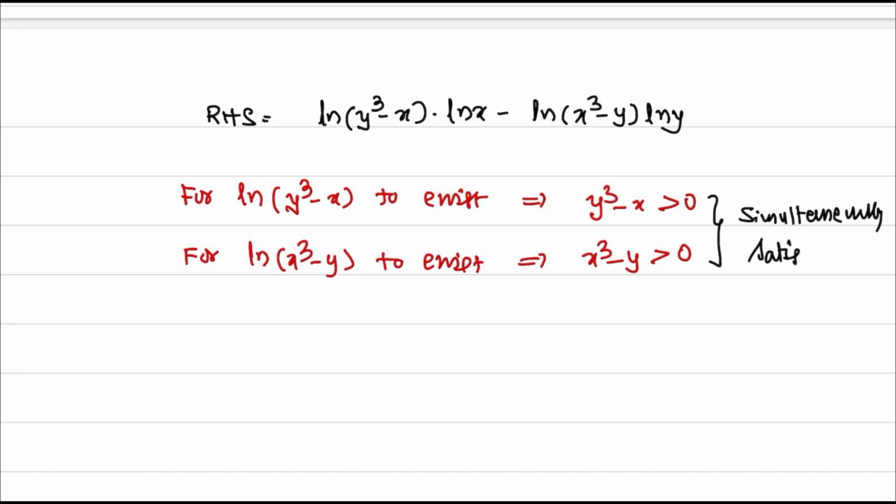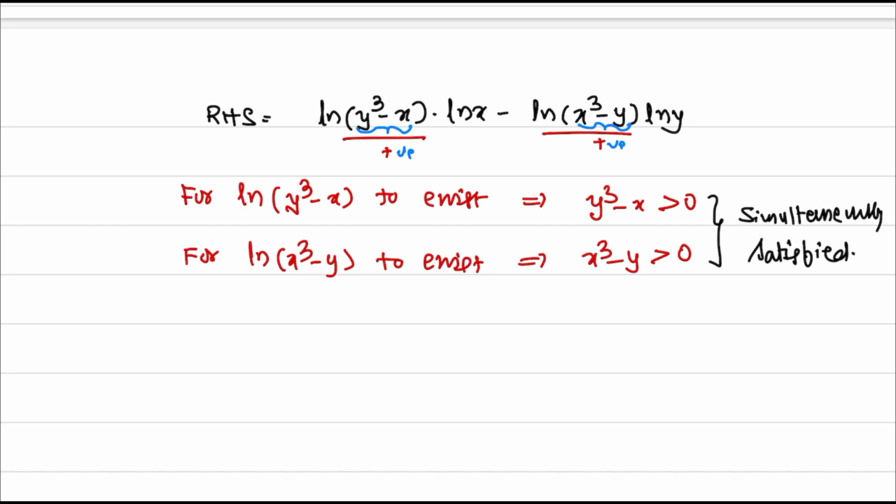It is not that one after the other, because both are there in the same equation. y cube minus x should be positive, x cube minus y should be positive. Both should be greater than 0 simultaneously.